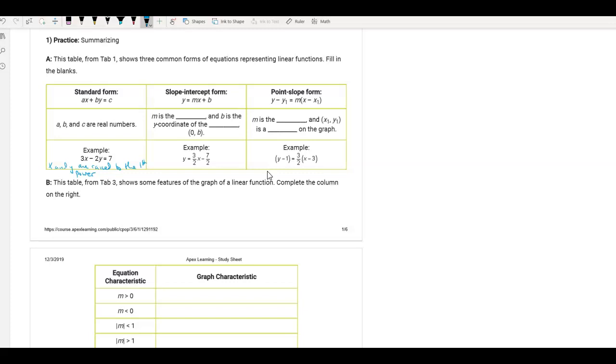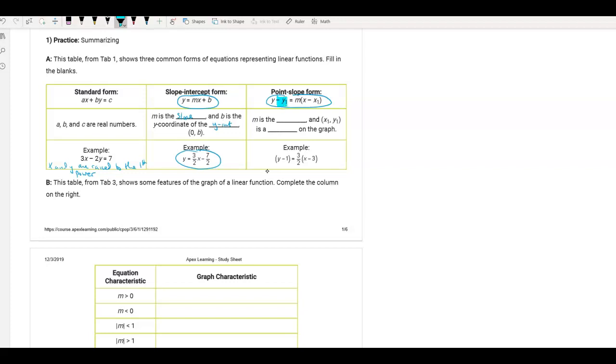Now, slope-intercept form, right? What we have here is y equals mx plus b, where m is the slope and b is the y-coordinate of the y-intercept. Okay, so they give you an example of what that would look like below. Then point-slope form, right, is y minus y1 equals m times x minus x1.